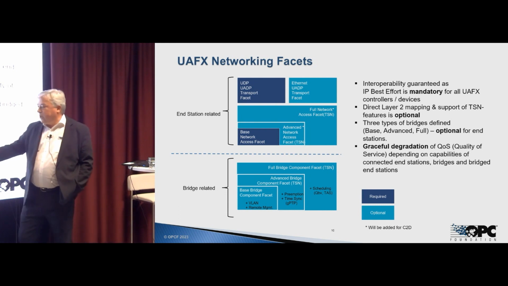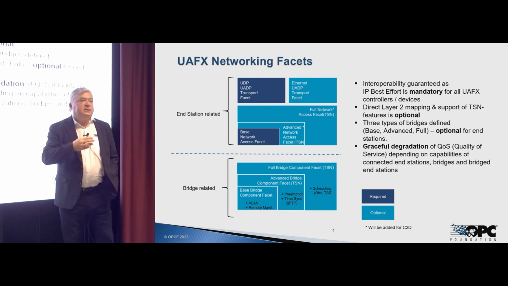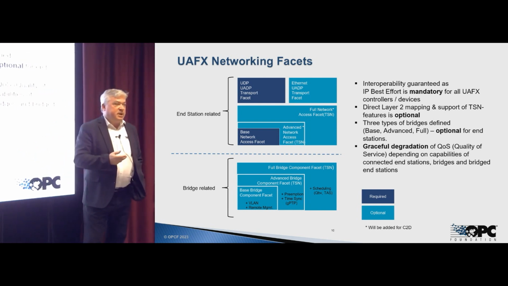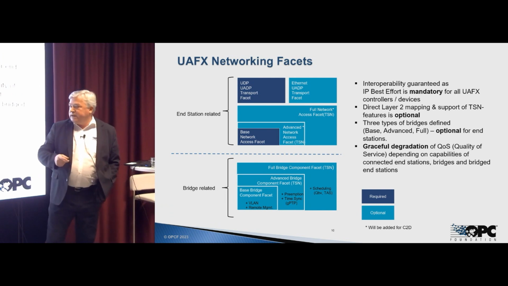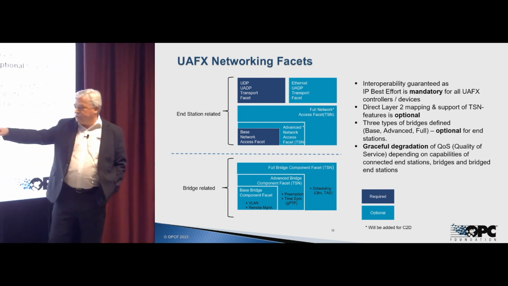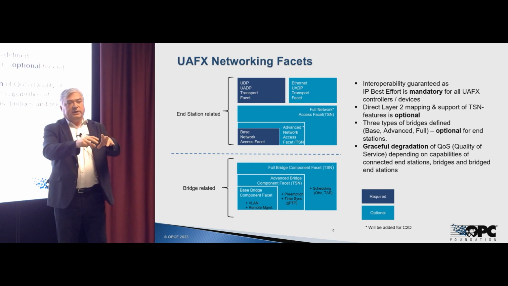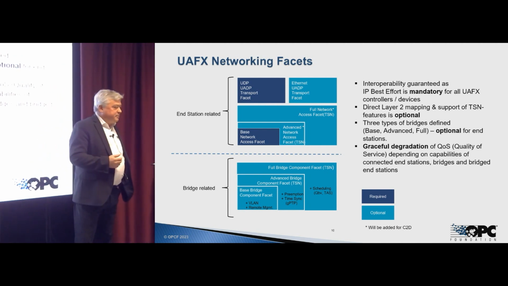So first of all, optional is in the end devices to have a bridge because not all the end stations or controllers need to have the bridge included. But those that have the bridge included, they then have to at least support the so-called base bridge, which is supporting VLANs and the remote management. So this is mandatory for all the bridges, either integrated in end stations or even external network infrastructure components.